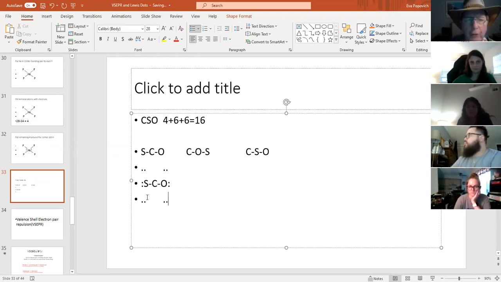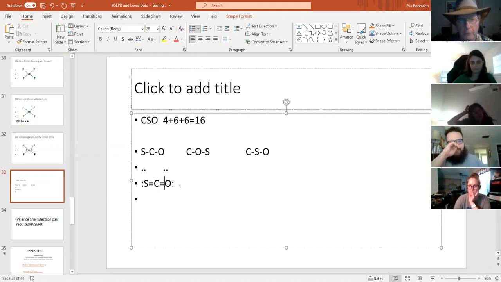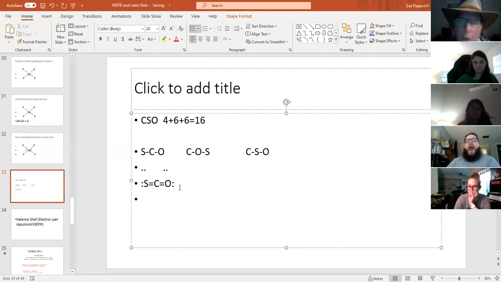I can steal these and put them in there, and I can steal these and put them in there. So I can make something that looks like this. And that's a legitimate Lewis dot structure, correct, ladies and gentlemen? Yes. Does it have to be double bonds? Can I put a triple bond in there? Yes.